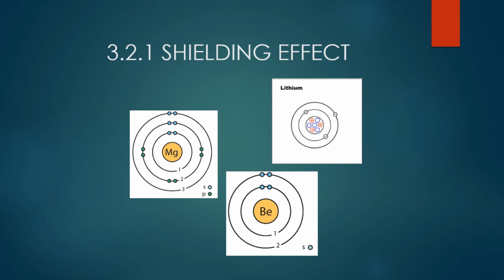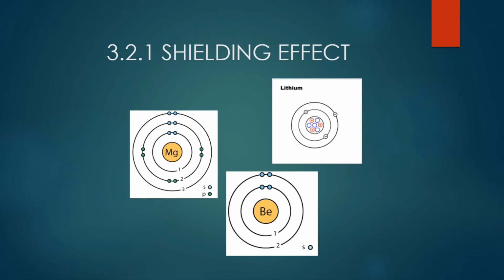Now you can see that lithium has 1 inner shell with 2 electrons. Similarly, beryllium has 1 inner shell with 2 electrons, whereas magnesium has 2 inner shells with 10 electrons. As we know that there are attractive forces between the nucleus and the outermost shells, or you can say outermost electrons or valence electrons.